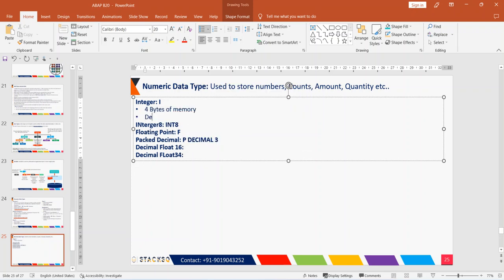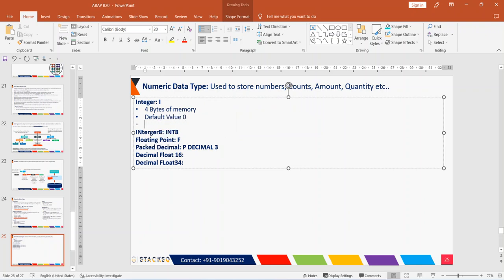The default value is 0, and it is mainly used for storing any counts, or if you want to store any index numbers. Index numbers or count you want to do, in that case this can be used.